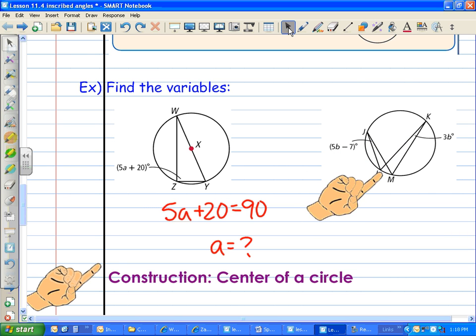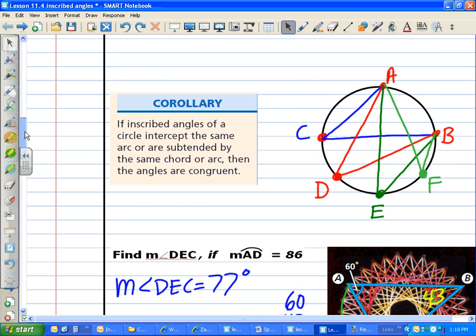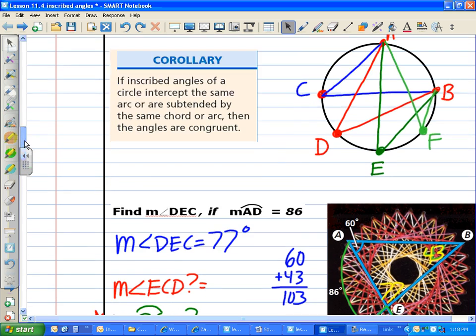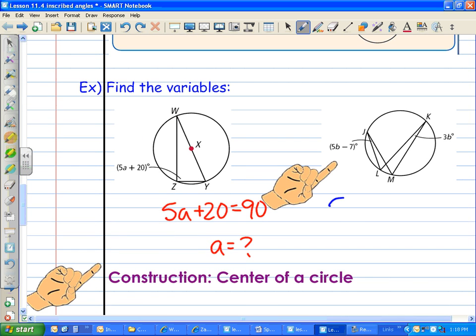Okay, because they have the same arc over here. So because they touch the same arc, the same L and M, then that's the same. And now if you don't remember why, then go back over here and rewind and listen to this one more time, okay? Otherwise, you should be able to solve this by saying that 5b minus 7 is equal to 36. And then you find out what b is, okay? I'm not going to solve that. That's up to you. You got to solve that one.